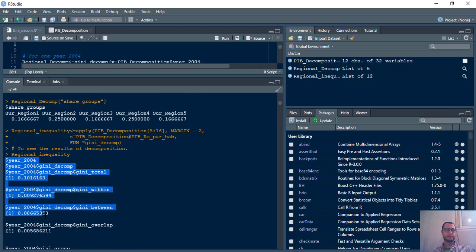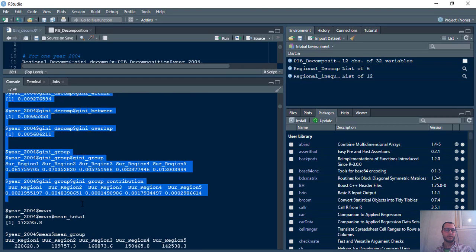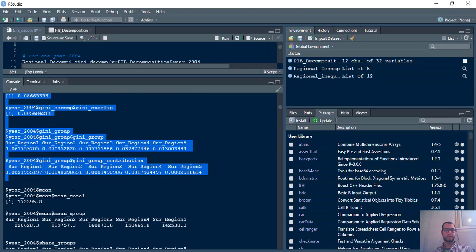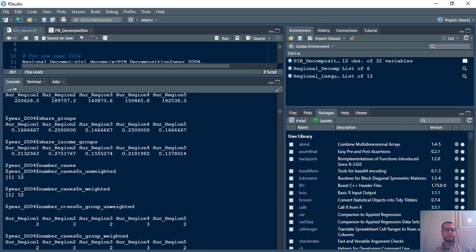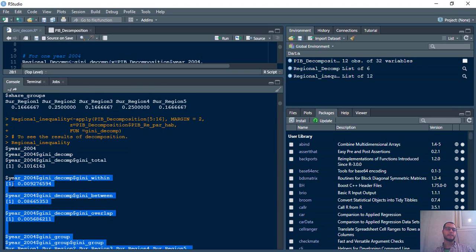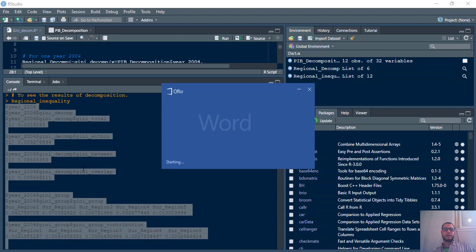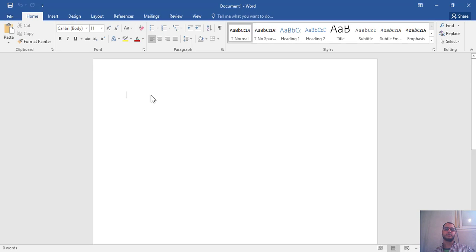So here we have the Gini decomposition for year 2004. To understand this result, we will use this.